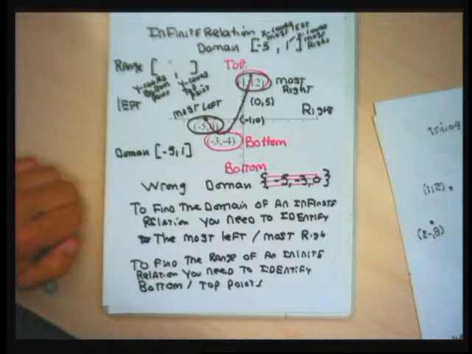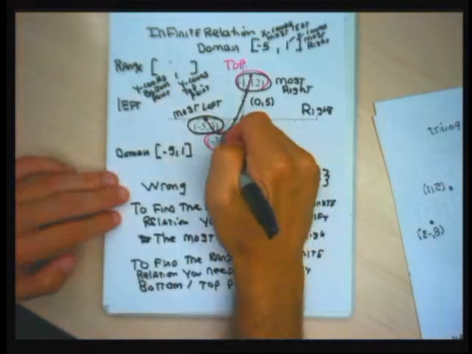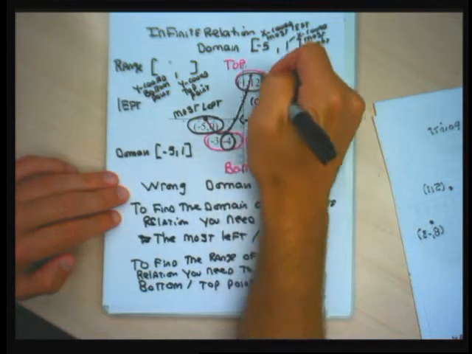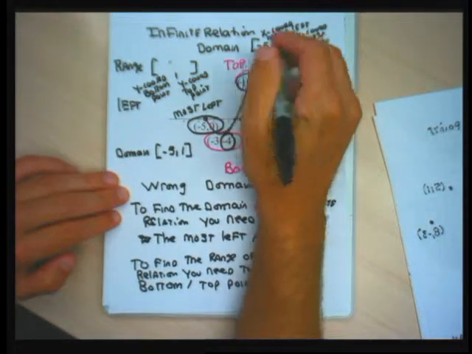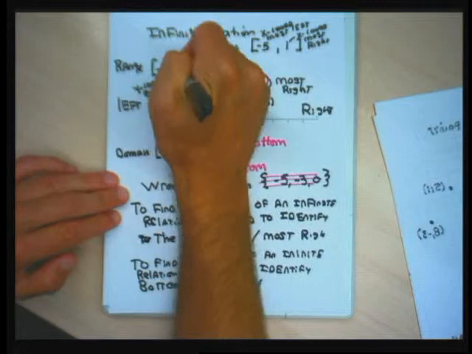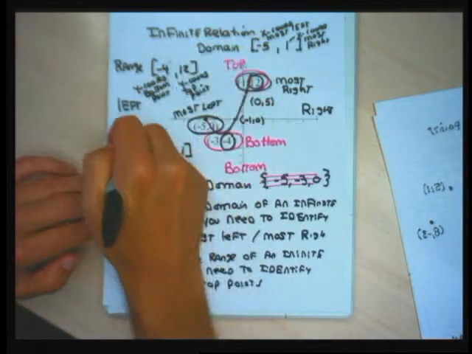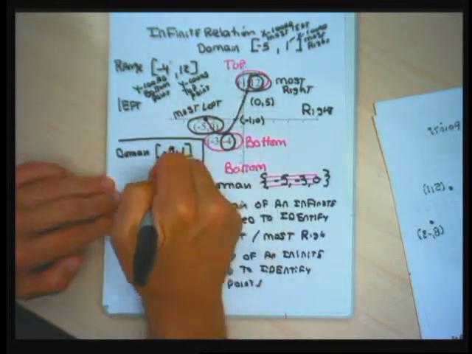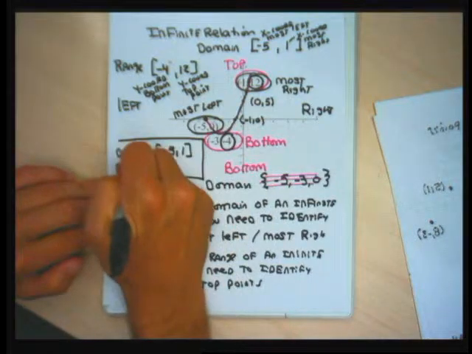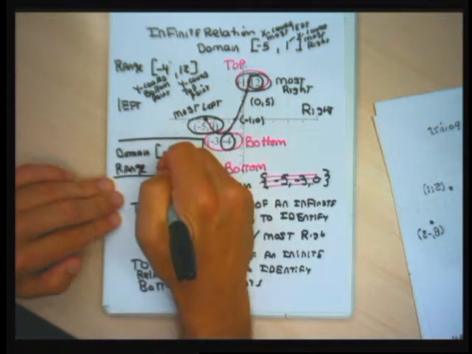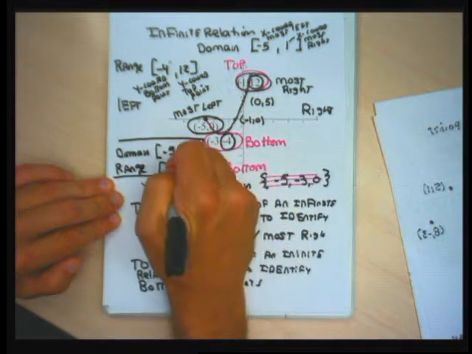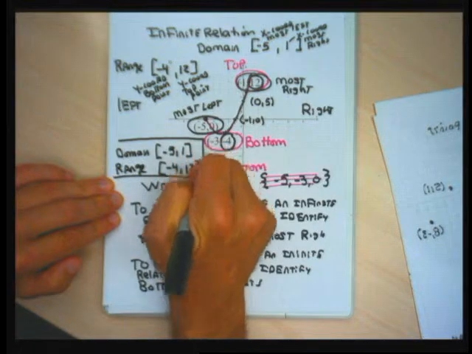So the range, I need the y-coordinate of the bottom point and the y-coordinate of the top point, and I always write bottom to top. So for this problem, the answer to problem 8, the range is -4, 12.